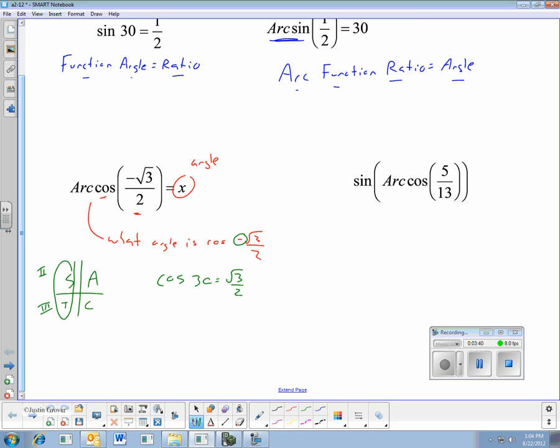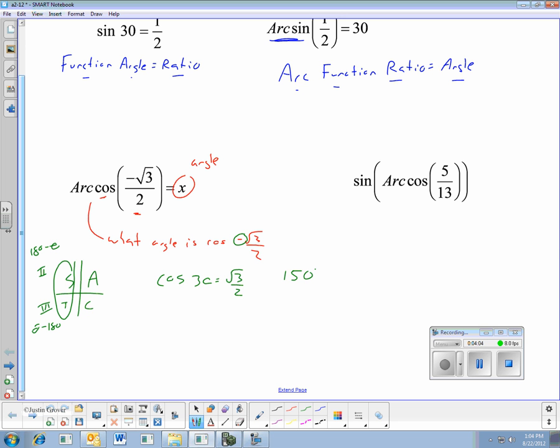The answer for quadrant 2 is 150 degrees, because 180 minus 150 in quadrant 2 would give you 30 degrees, and so it would be negative cosine 30 degrees, which is negative rad 3 over 2. It's also negative in quadrant 3, which is your angle plus 180.